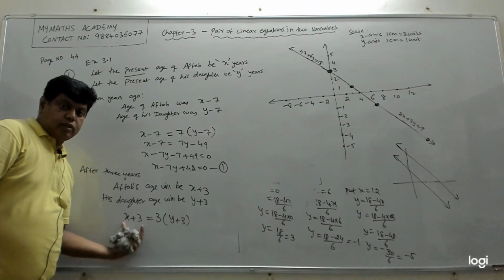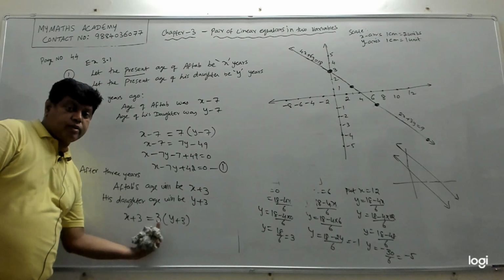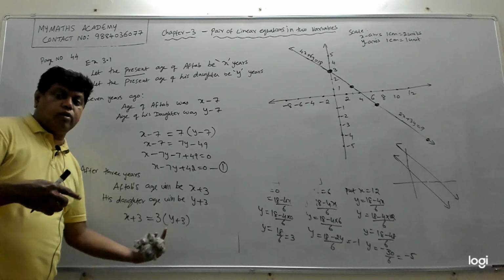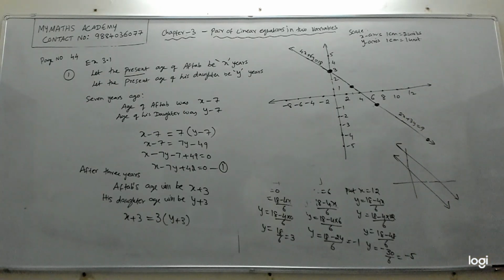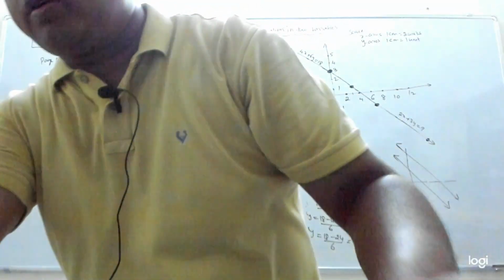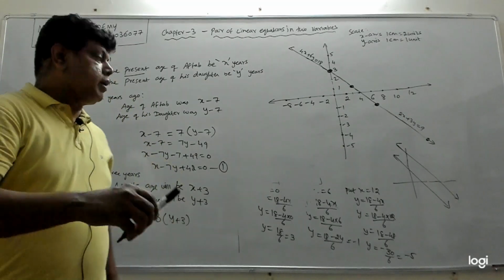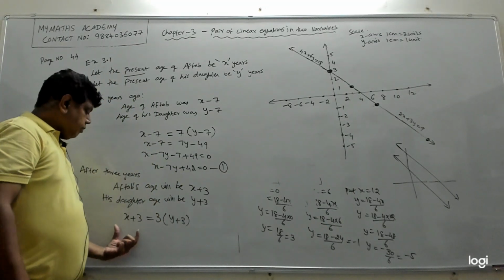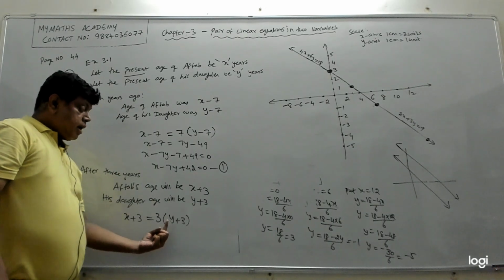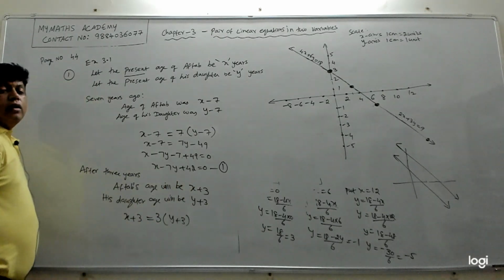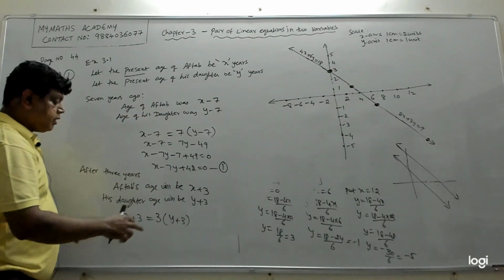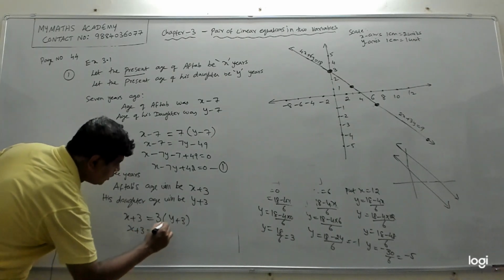So Aftab's age will be 3 times his daughter's age, whatever age she will be after 3 years. Now if you simplify this equation, you get X plus 3 equal to 3 into Y, that is 3Y, then 3 into 3 is 9.